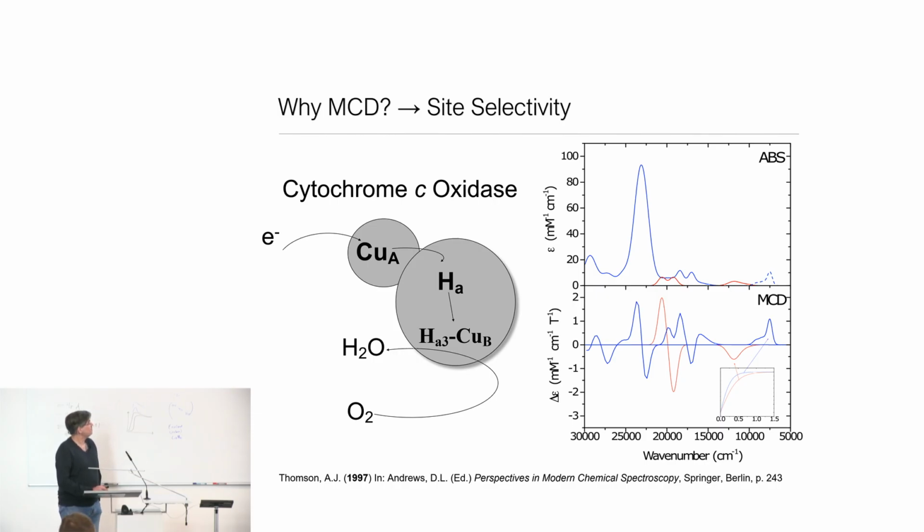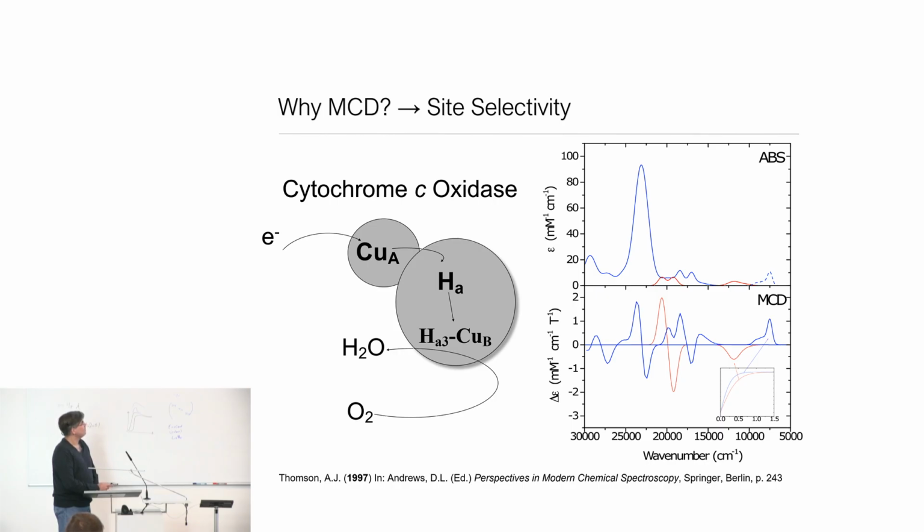But in the MCD, all that you need is a region of the spectrum where only one of those chromophores absorbs. So for example, here is the case of cytochrome c oxidase that has a copper A center, has a heme A, and then it has an active site that is a heme copper conglomerate, so it's quite complicated.